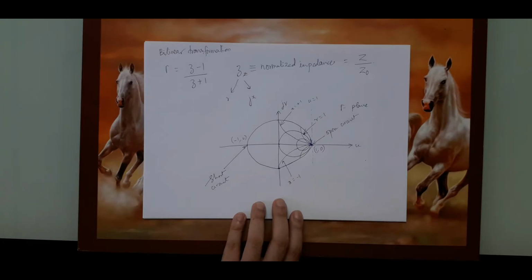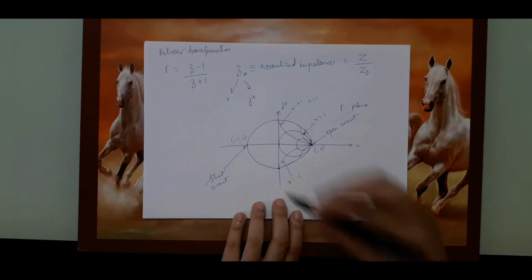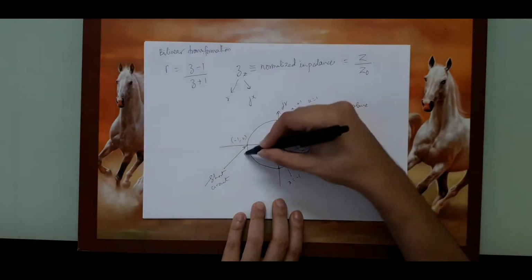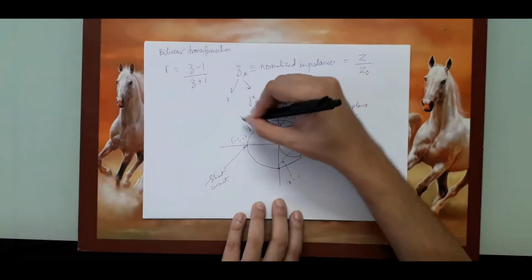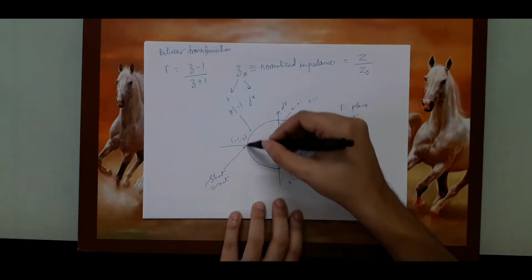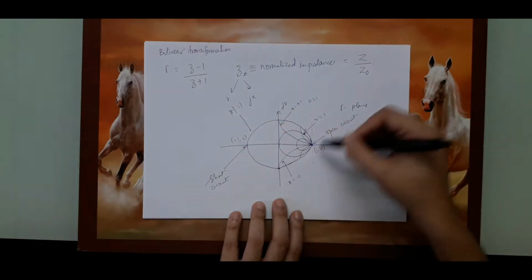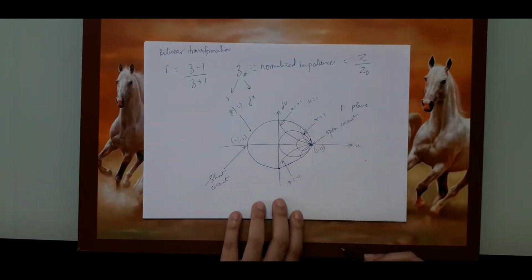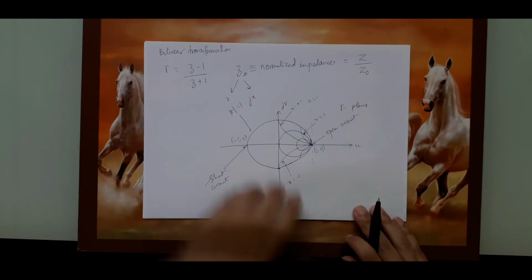The outer periphery of mod gamma equals 1 indicates all inductive reactance where the value of X is positive, and the lower circumference of this lower half circle indicates all capacitive reactances. We had proved this in the last class. So that's how it goes.